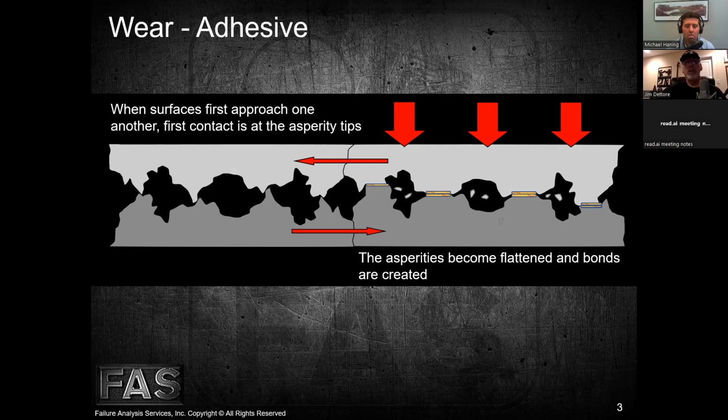So when we start reaching melting temperatures on the surface, then we start to transfer material potentially from one surface to the other. Oftentimes, it's the material that has the lower melting point that will deposit on the surface of the material that has a higher melting point.